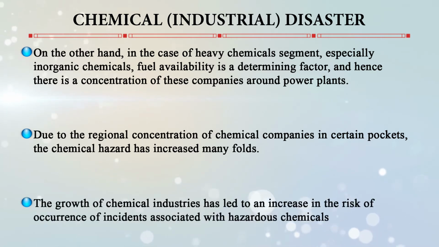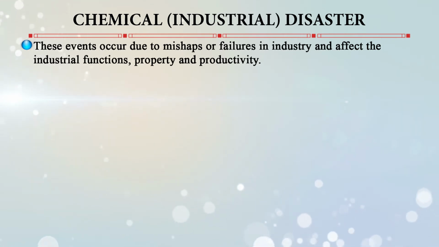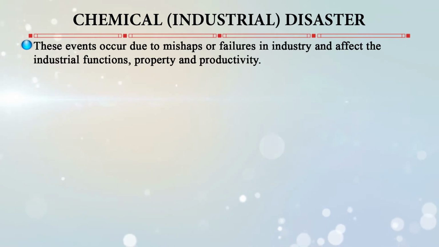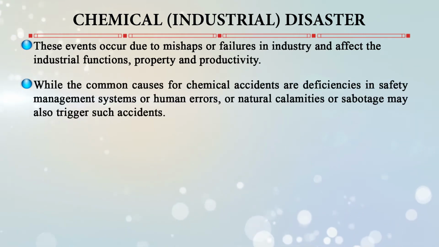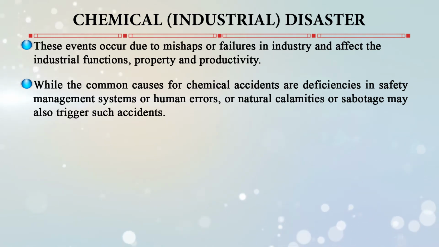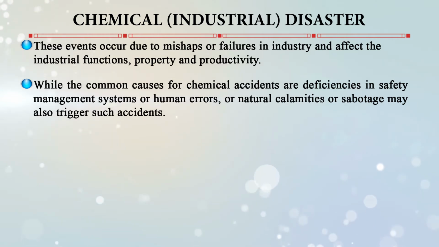The growth of chemical industries has also led to an increased risk of incidents associated with hazardous chemicals. These events occur due to mishaps or failures in the industry, and they affect industrial functions, property and productivity. The common causes for chemical accidents are deficiencies in safety management systems or human errors, while natural calamities or sabotage may also trigger such accidents.